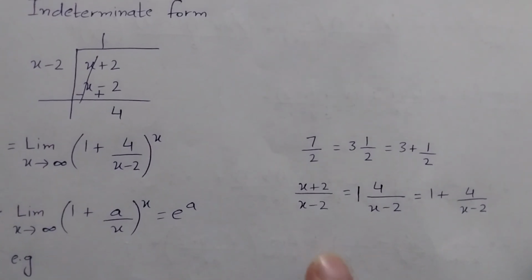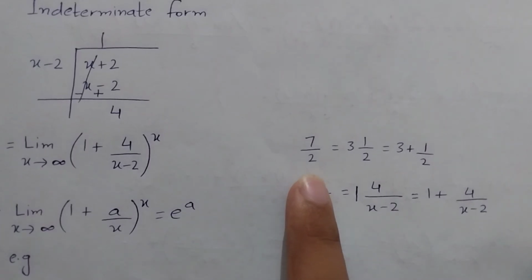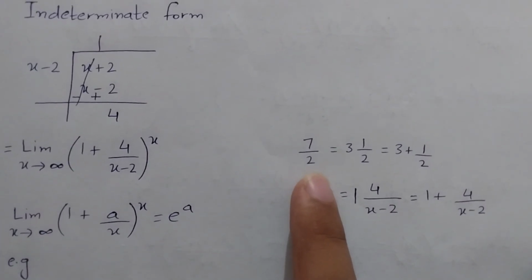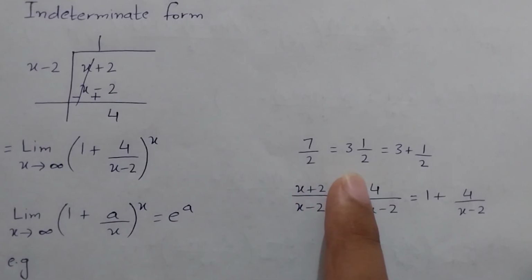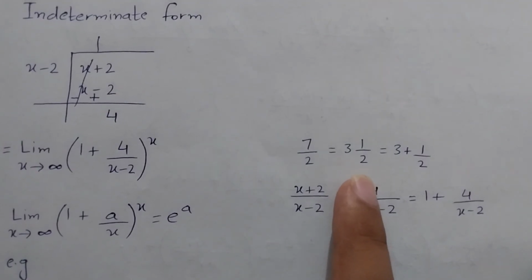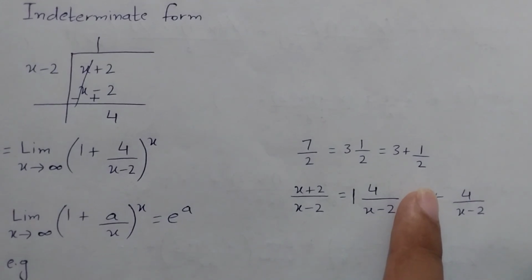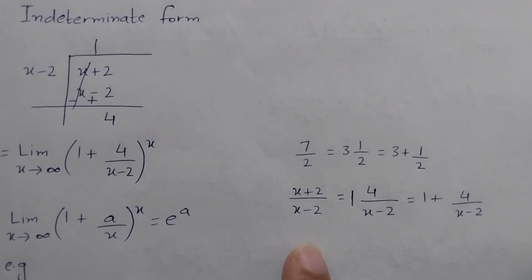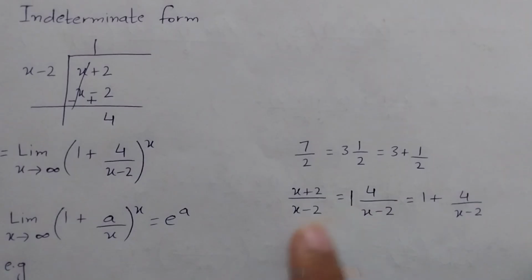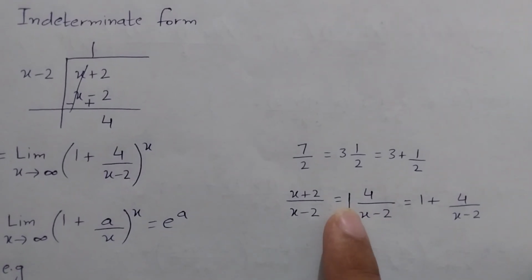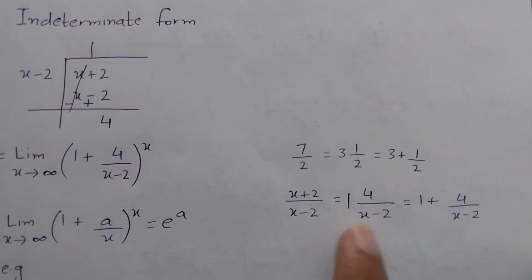This is the same as saying, for example, we had 7 divided by 2. If we divide 7 by 2, we get a remainder, which is 1, because 2 times 3 is 6, and we have a remainder 1. So we can write 7 by 2 as 3 whole 1 over 2 as a mixed number, and this indeed can be written as 3 plus 1 over 2. So similarly, we had x plus 2 over x minus 2. We can write it as 1 whole 4 over x minus 2.